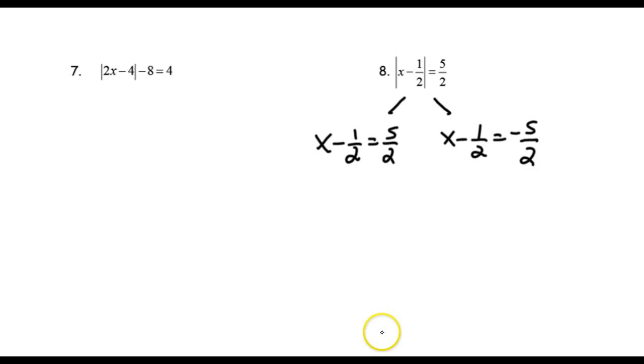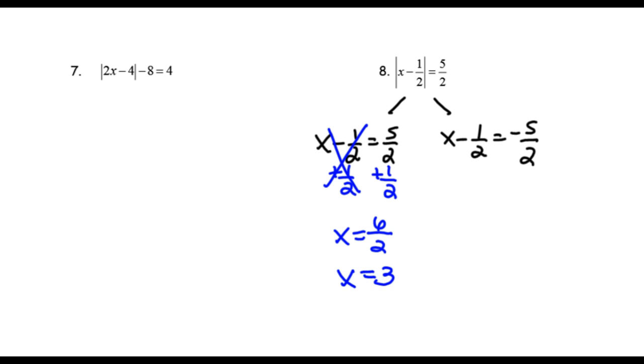So I'm going to go ahead and solve both equations. I'm subtracting a fraction, so in order to get rid of that, I'm going to add it. And I'm going to do that on both sides of my equation. When I do that, I get x equals 5/2 plus 1/2 is 6/2, which simplifies to 3. So x equals 3.